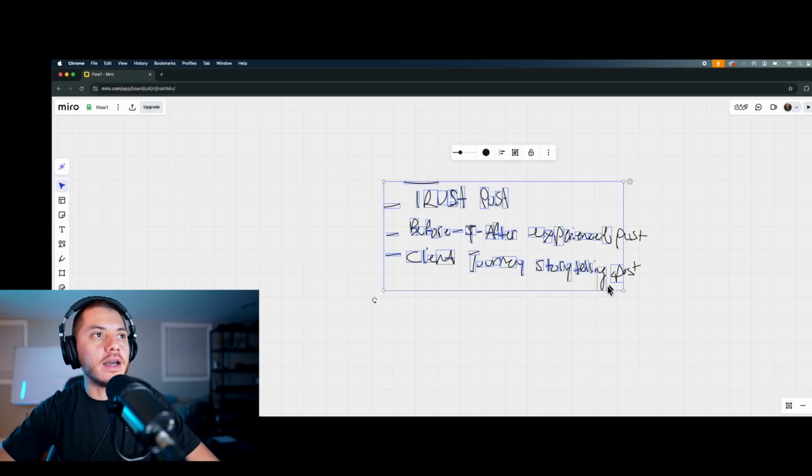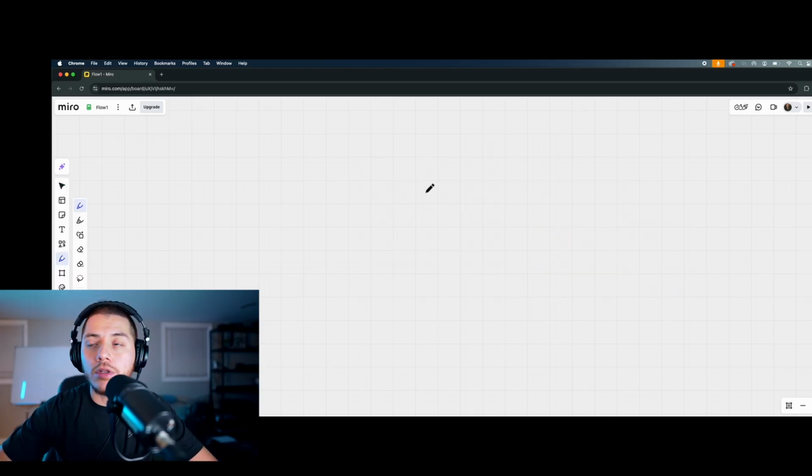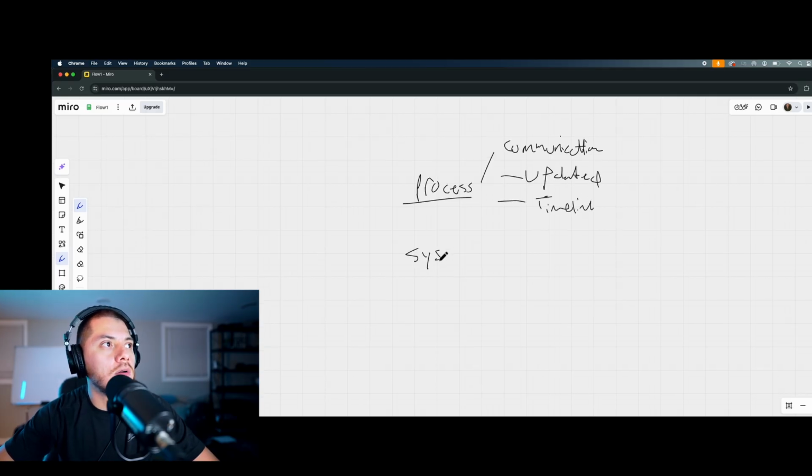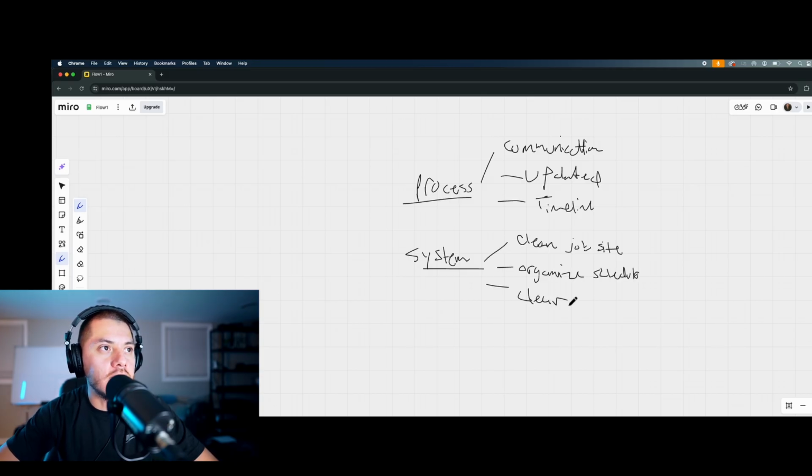Let's identify the logical angle. You want to look out for reviews that mention anything about your process. That would include your communication, the way that you kept them updated, and your timeline. You also want to look out for where they talked about your system. So one of them could have been a clean job site. Maybe you had a very organized schedule, and also you were good at having a clear plan.